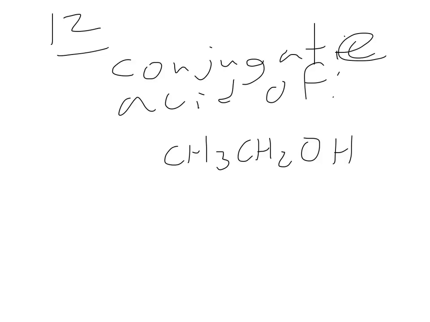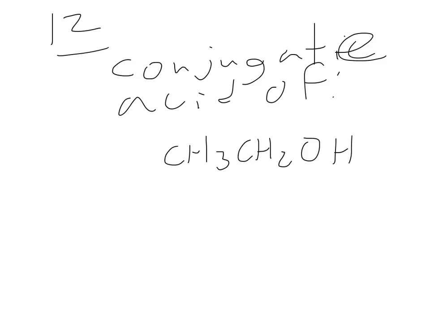There's even a simpler way of thinking about it. So if you take an H off, is that acting as an acid or a base? Or add an H? It's acting as a base, right? So you need to figure out the conjugate acid of this, if this was acting as a base.